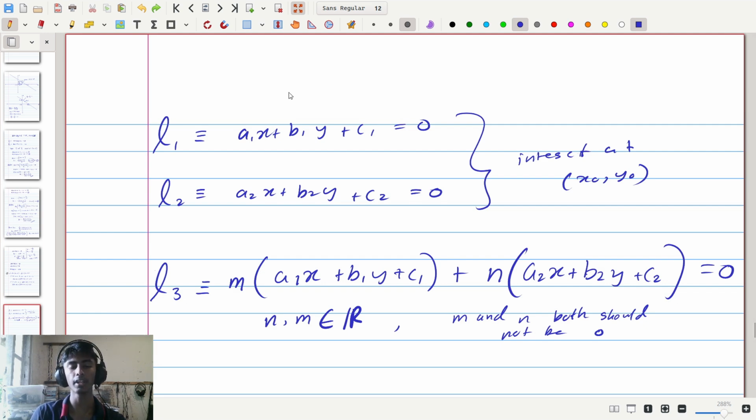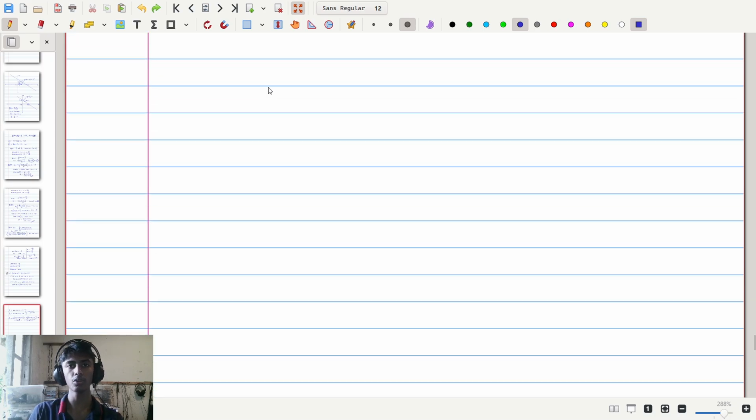Now let's go to another topic before we continue with a few examples and some more important proofs. So first off, what we're going to do is find a parametric way to write an equation ax plus by plus c equals 0 in parametric format.